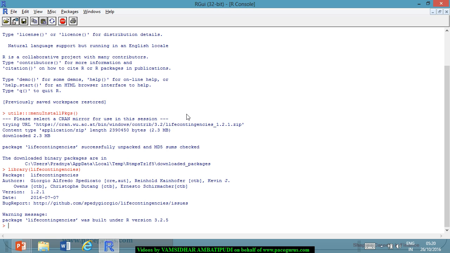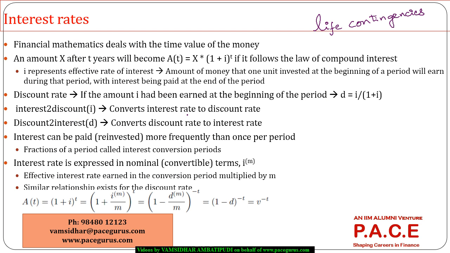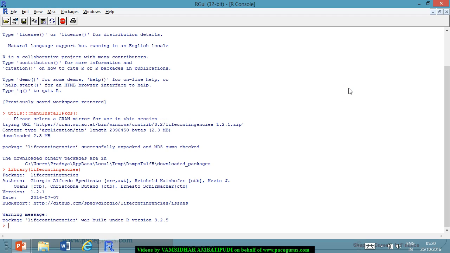See, typically, if I want to do interest to discount conversion, actually speaking, I can simply use this formula, right? d equal to i by 1 plus i. So I really don't need it, but yes, let's try to understand the function.